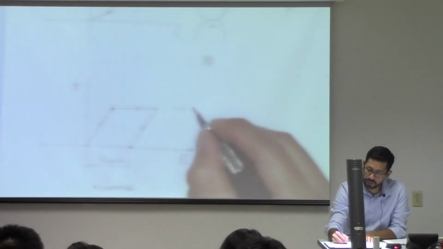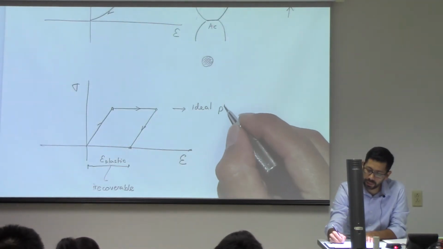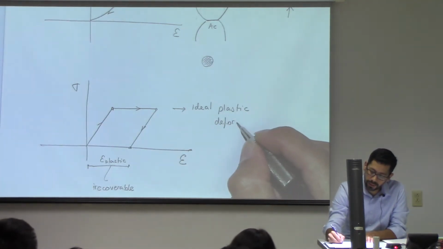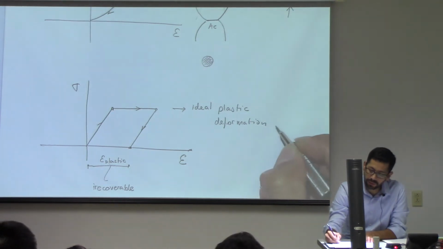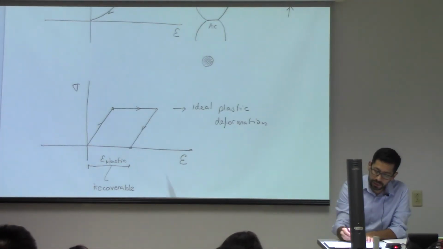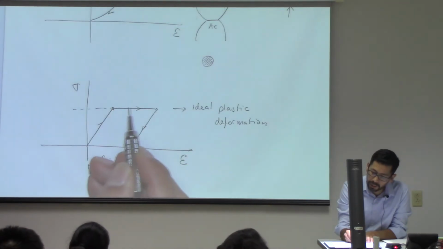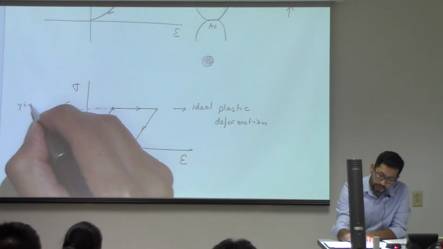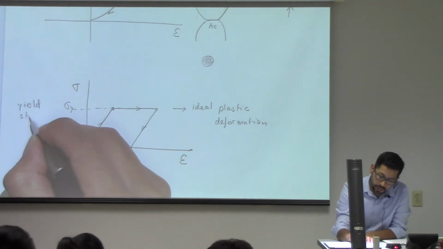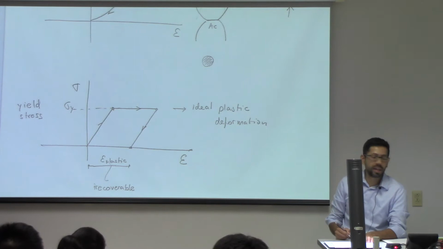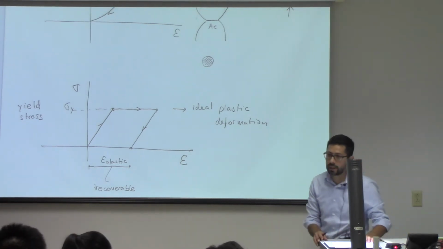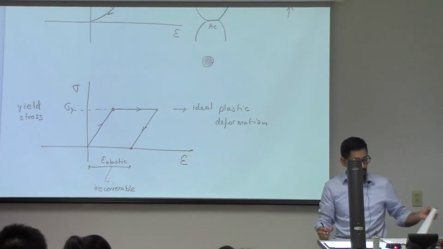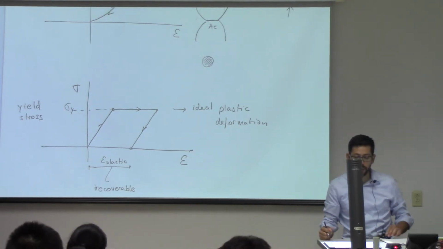This one, for now, we're going to call an ideal plastic deformation, in which the yield stress, that value that we can call sigma y, where the y comes from yield stress, is the maximum stress that the material can support. You cannot put stress higher than that in the material.